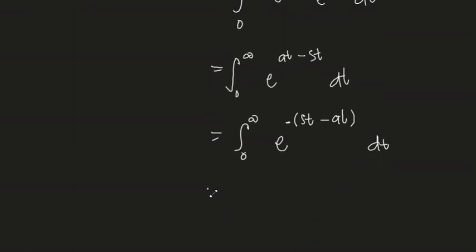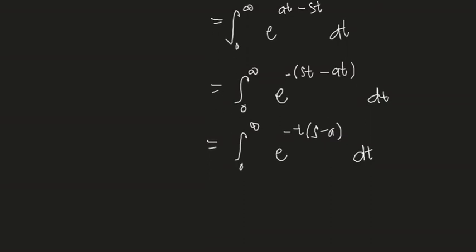This time, let us factor out t, because t is common in our two terms. So we have from 0 to infinity, e raised to negative t multiplied by s minus a, dt.